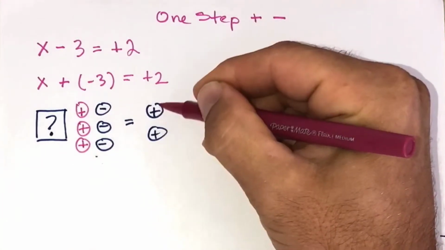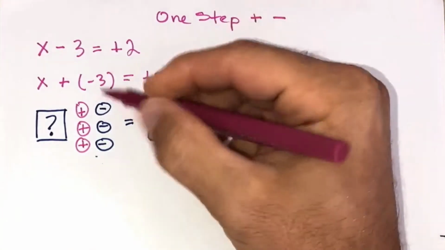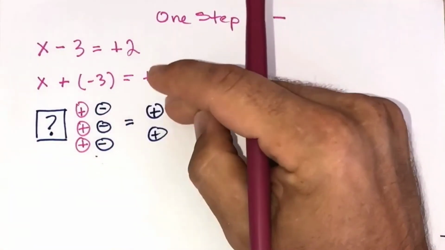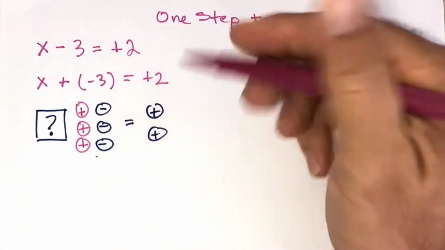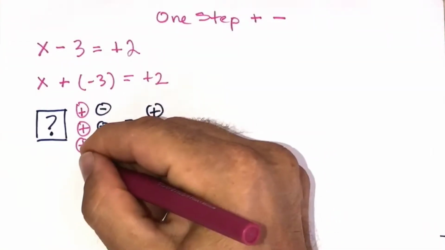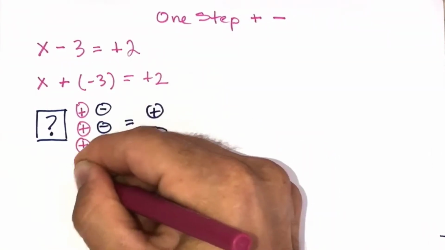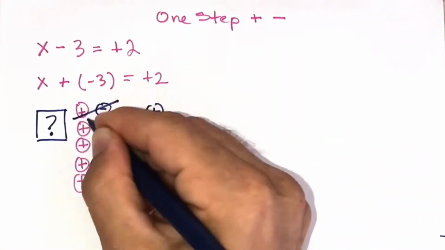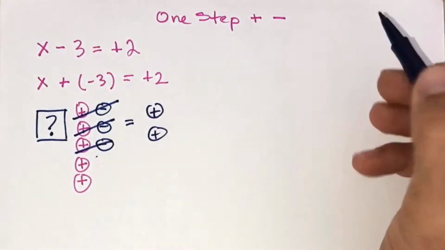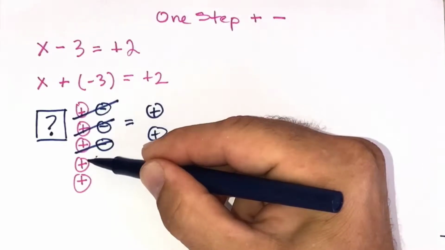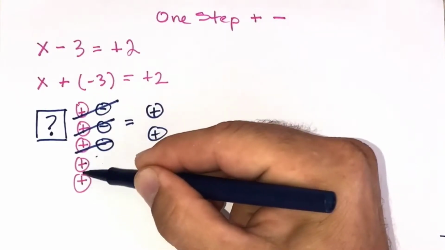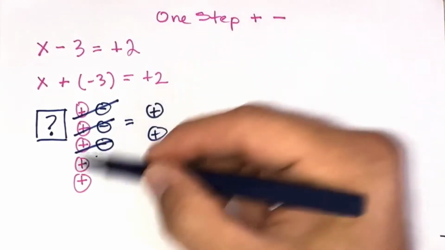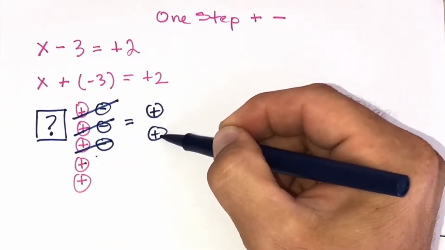But remember, I ended up with 2 positives once I took away 3 negatives, so I would need 2 additional positive markers. If I cancel out these 3 negatives, the additional 2 positives I'm left with at the end are what allow me to equal the 2 positives here.